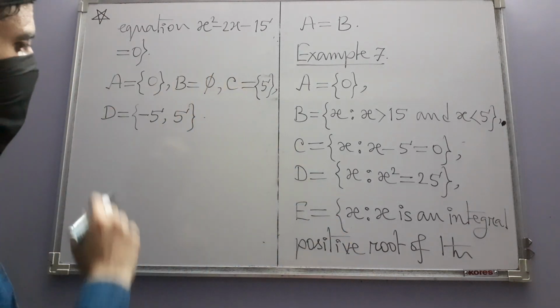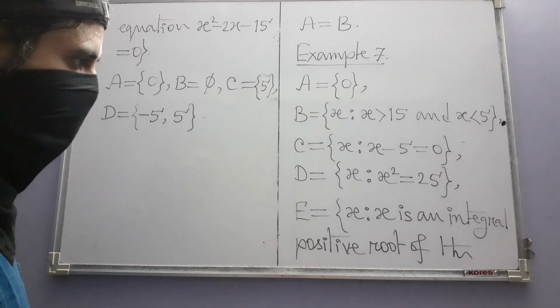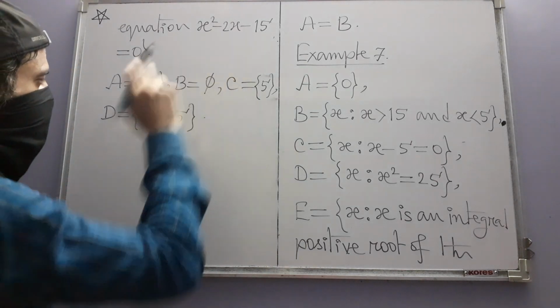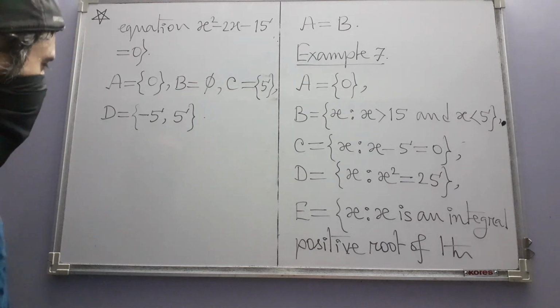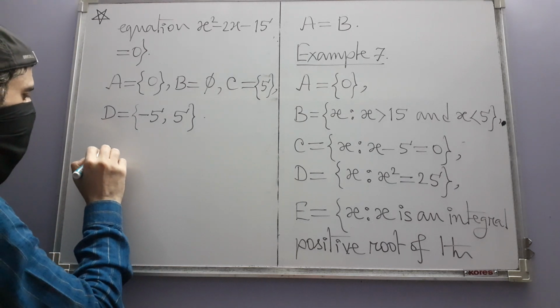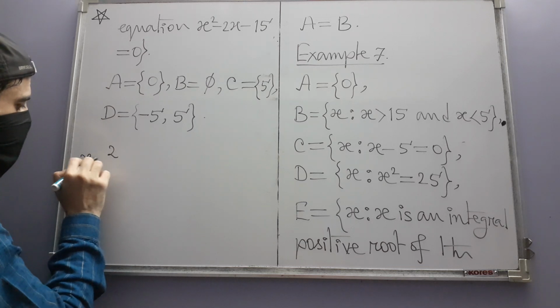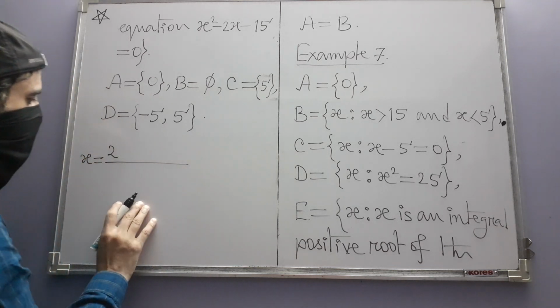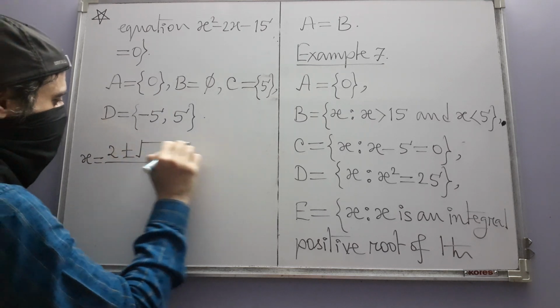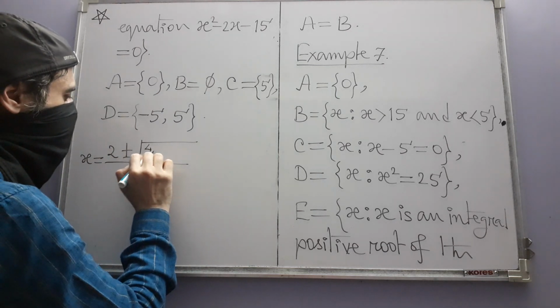E is the set of roots, but integral positive roots. So we need to solve this quadratic equation. Let's use that formula. Using that formula without saying much about it, we already know, we will find the roots.